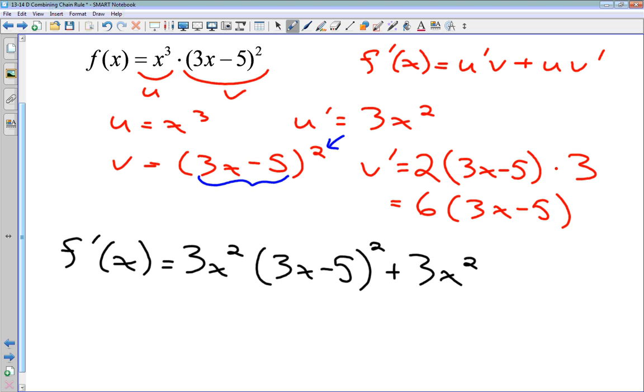No, sorry, you're right, that's the derivative. I want x cubed, the original u. And I want to multiply that by the derivative of v, so 6 times 3x minus 5. And voila, there's our derivative.